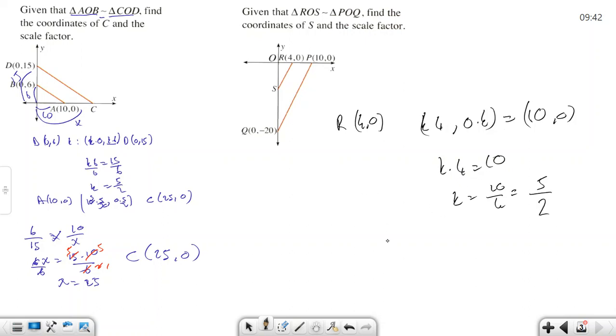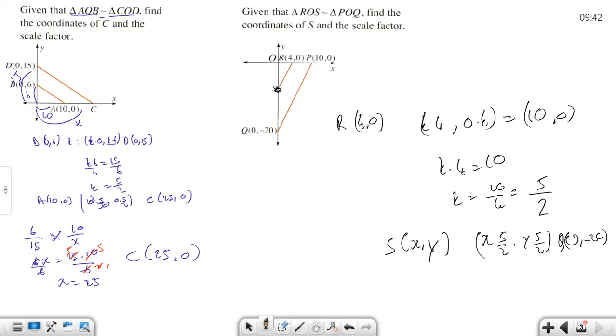Again 5 over 2. Now I don't know the coordinates of S, because S is here, so let's say x and y. Then x times 5 over 2 and y times 5 over 2 will equal (0, -20), that's the point Q. Any x multiplied by 5 over 2 giving 0 means x must be 0.